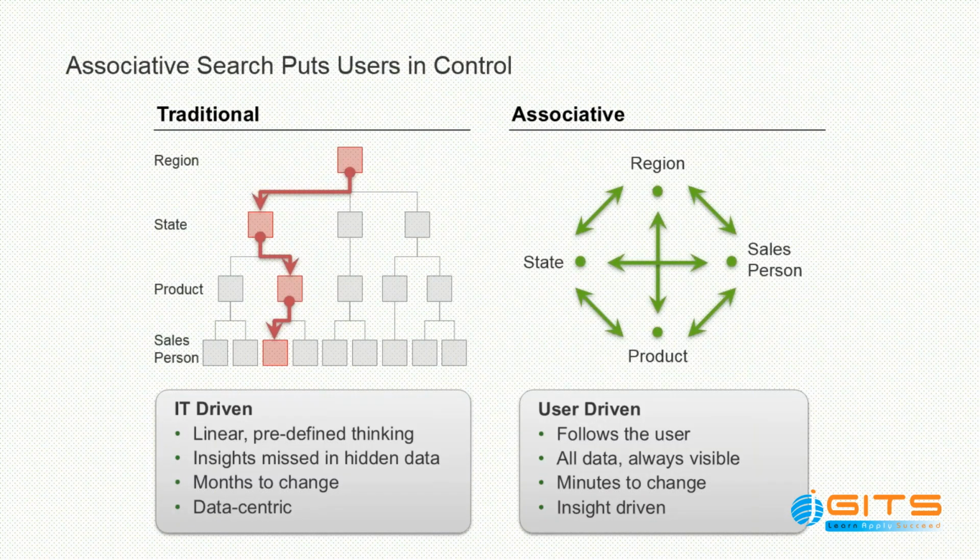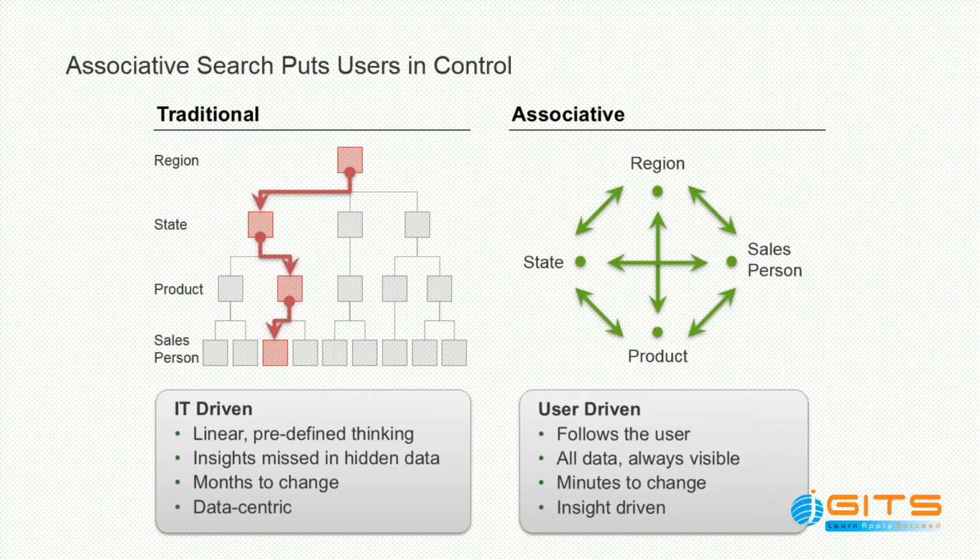The traditional approach of searching for any particular data element in the traditional BI tools has been a hierarchical route, which you can see on the left side of the screen. Let's say I have to search for a salesperson named James. So I need to know the exact region he works in, which state he works in, which product he sells, and then I will be able to zoom down or point to the exact salesperson I'm trying to find.